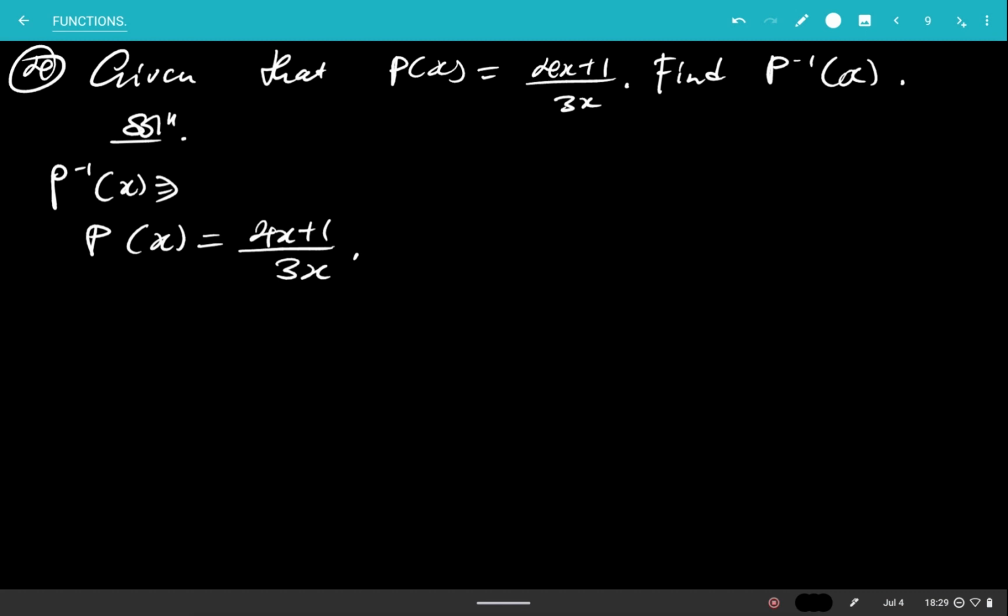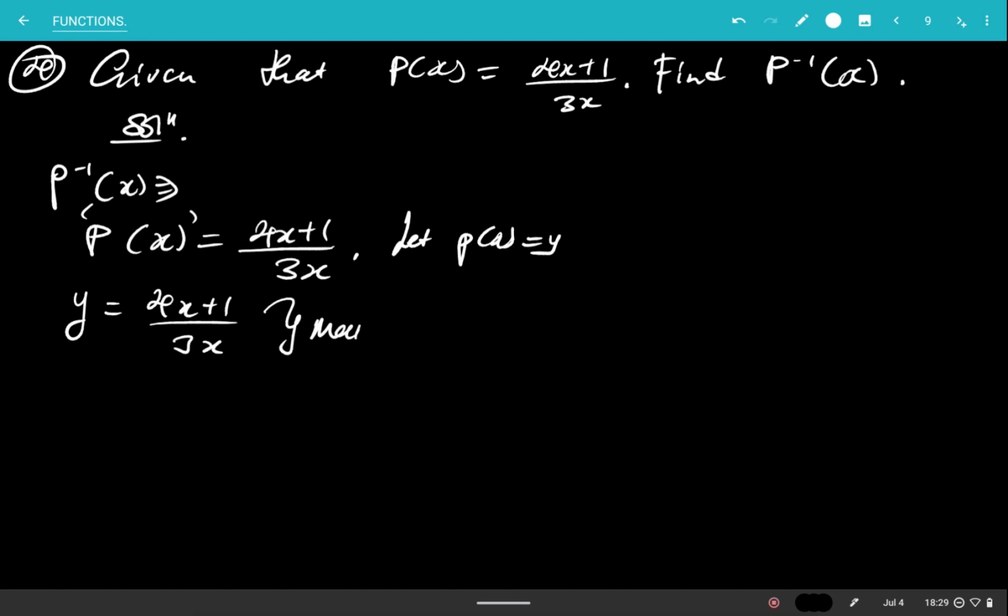Now, once we reach this point, all we're supposed to do is to let p of x equal to any letter of our choice other than x. So we let p of x equal to what? Y. So this portion here becomes y being equal to 4x plus 1 over 3x. Then after you reach this point, make x subject.